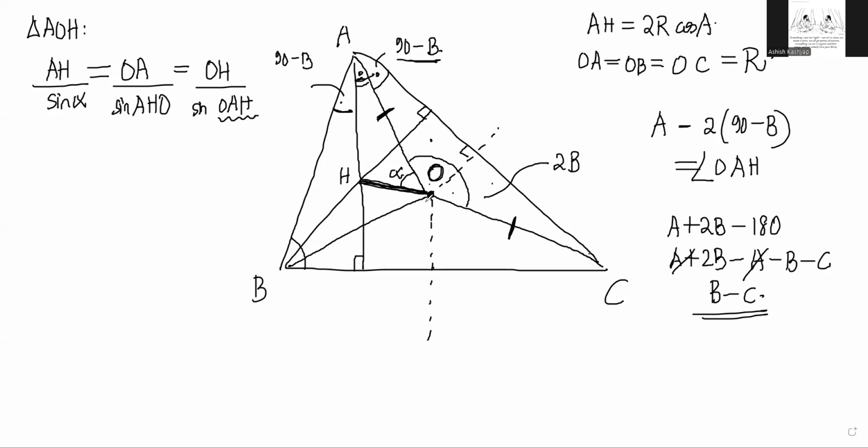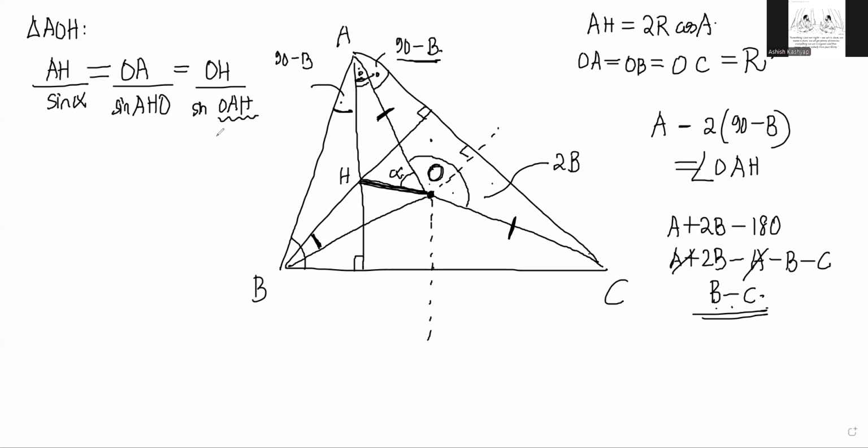Similarly, we can write our OBH angle also, same logic. We don't know whether B is bigger than C or C is bigger than B, so we can write it as mod of B minus C. Do you understand what I'm saying? Because whatever it is, it will be a positive angle.